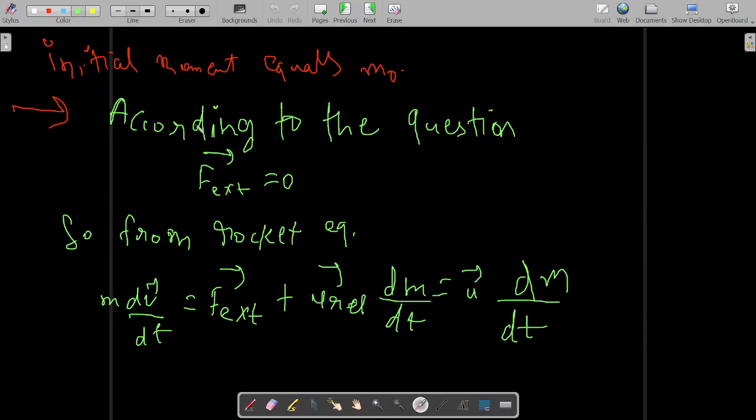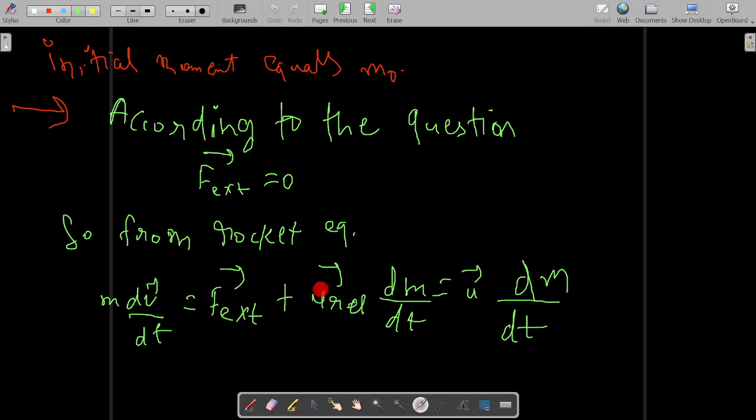Now, according to the question, what is given to you? F external is equal to 0, already given. So from the rocket equation, what do you have? M dv by dt equal to F external plus u relative dm by dt. Now, u relative, what does it come out to be?